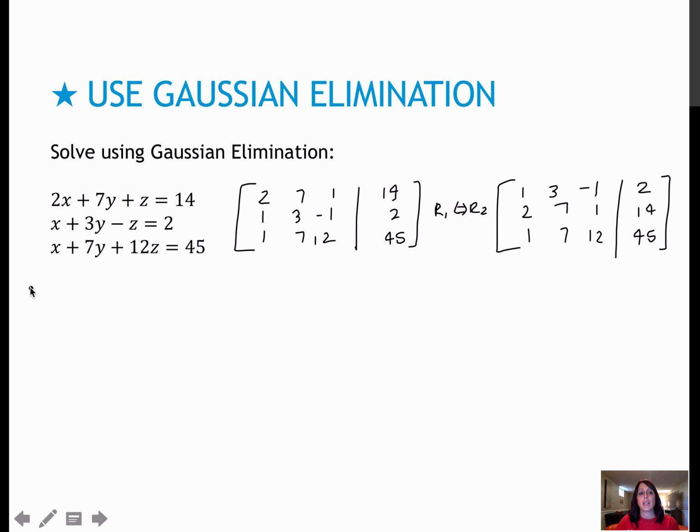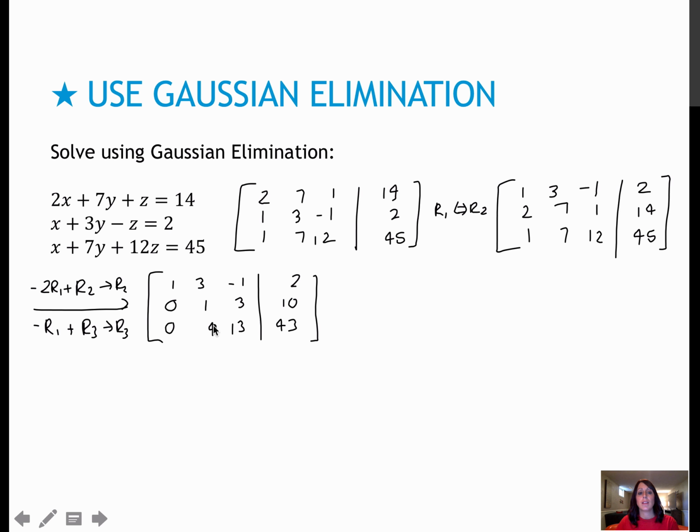Now that I have a leading 1, I need the two values below it to be 0. So I'm going to take negative 2 times R1 plus R2 to make that my new R2, because that would give me a 0. And on the same step, I'm also going to take negative 1 R1 plus R3 to be my new R3. That will give me zeros below the 1.